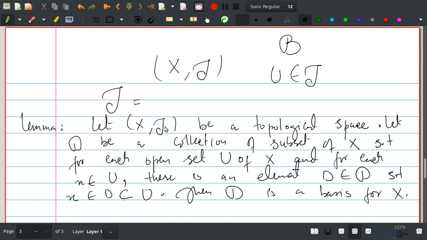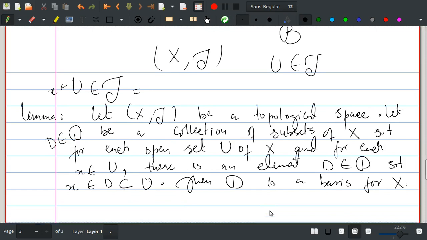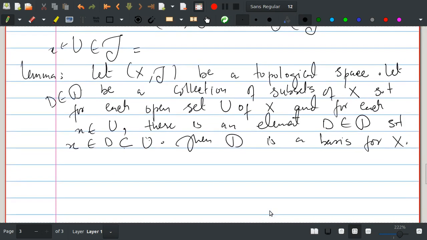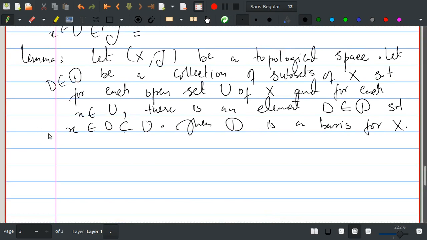So this is our given topological space, and this D is a collection of subsets of X with this condition that if U is any open set in X, i.e. if U is in this tau, then for each x in U we are able to find an element D in this fancy D such that this x is contained in D and this D is contained in U. Then we have to prove this D is a basis for X, i.e. we have to prove this D satisfies the two conditions for a basis for a topology. So let us prove this.